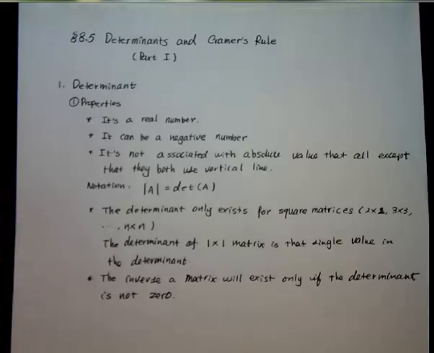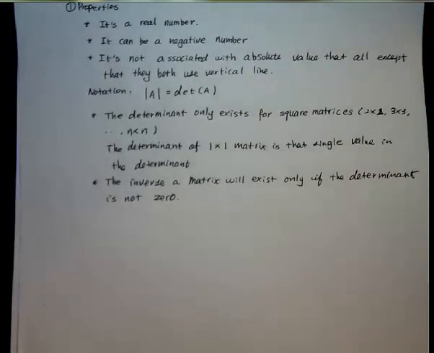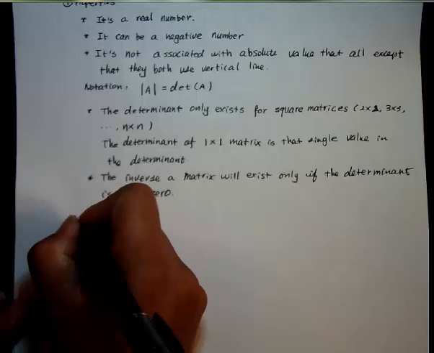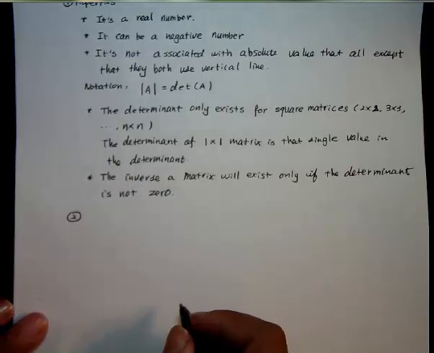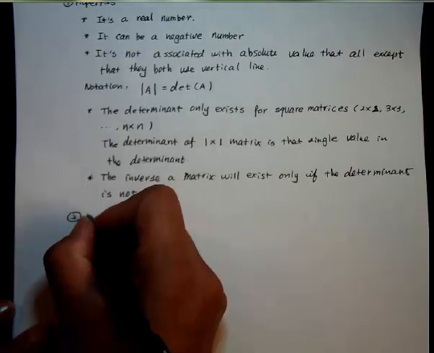So those are the properties of the determinant. You might wonder, well, what exactly the determinant is and how to find it. Let's take a look at the 2 by 2 matrix first.